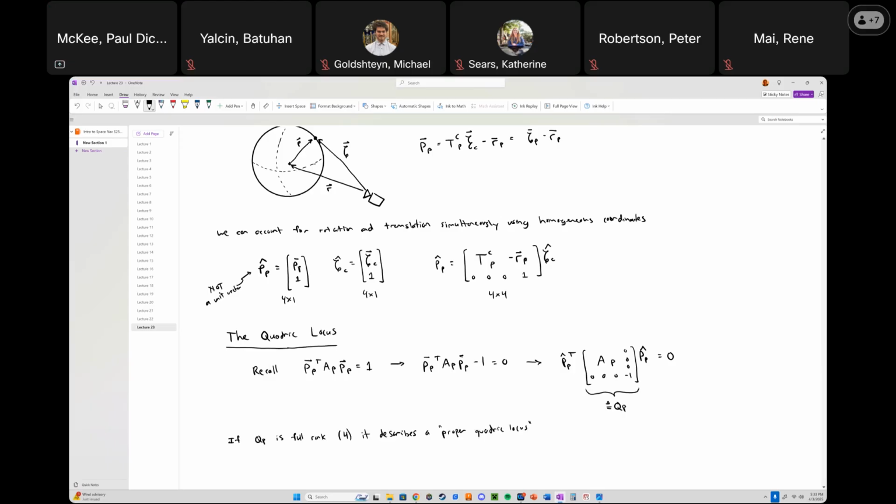So this is the set of all points lying on a non-degenerate quadric surface. So that would be like a sphere or an ellipsoid.